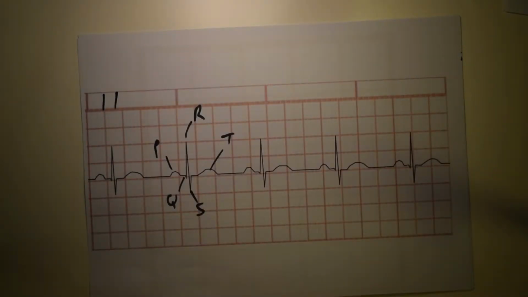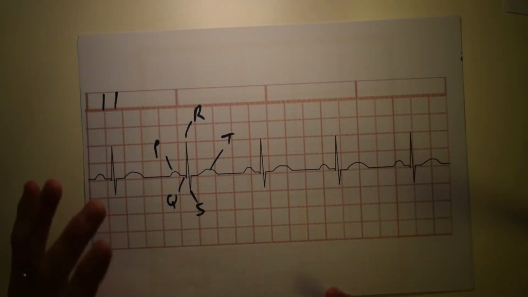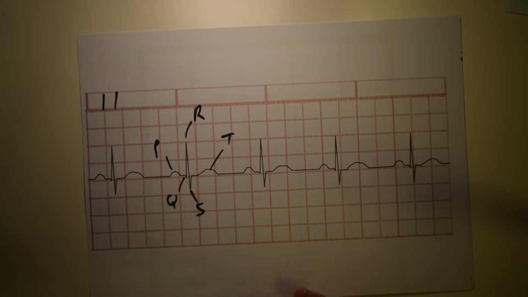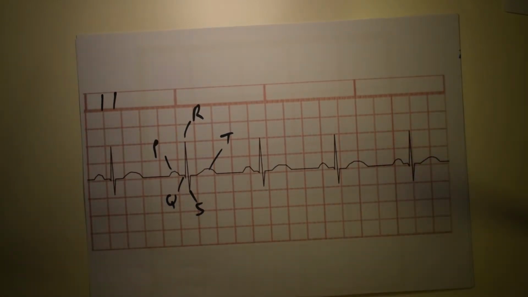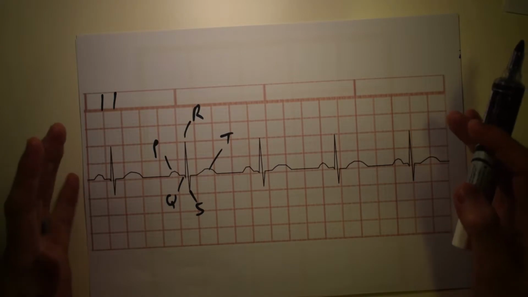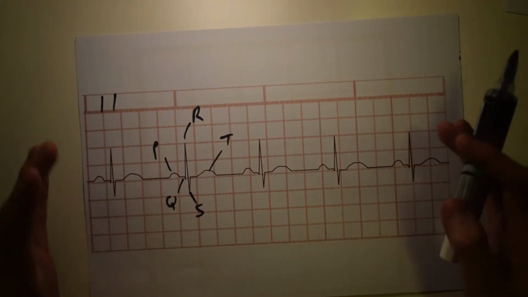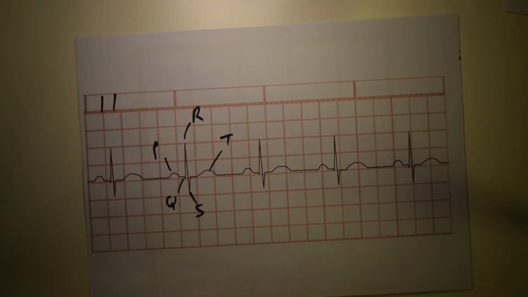There are multiple views of the heart, like the front or the back or the top or the bottom. This is a very typical lead. It's something we generally look at, and it makes it easy to recognize, so that when we see it, we are very familiar with it.